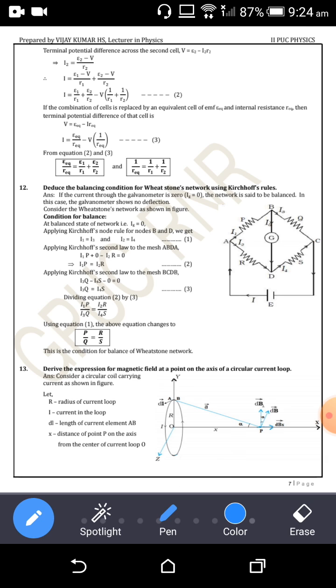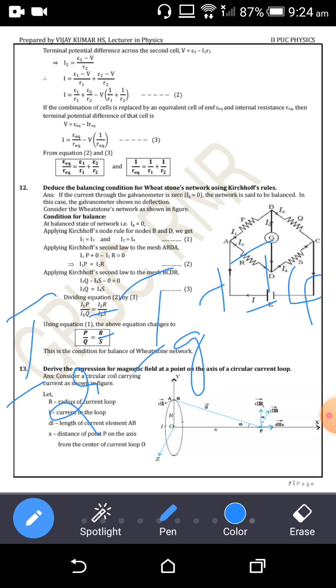So I2 will be equal to Ig plus I4. At the balance condition, the current through the galvanometer is 0, so I2 will be equal to I4.